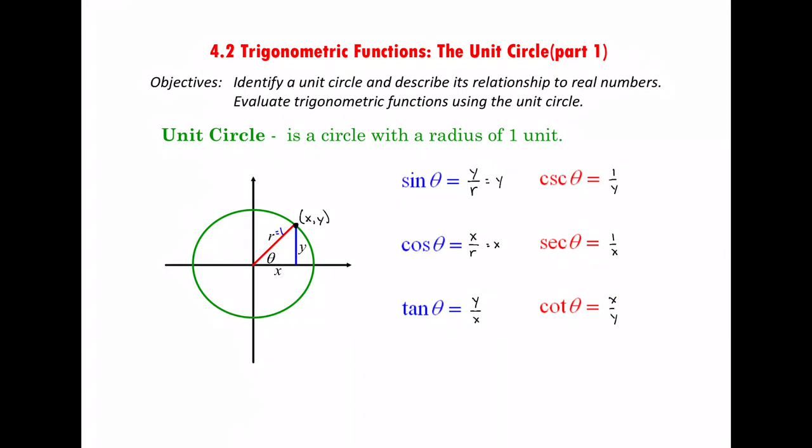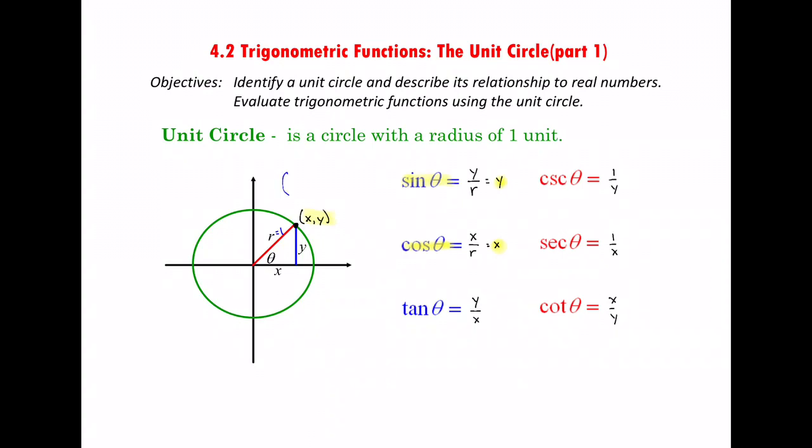Now, as we look at this a little bit closer, pay attention to the ordered pair on the unit circle, x, y. What is another way that we can write that ordered pair on the unit circle? Well, x represents the cosine of theta, and y represents the sine of theta.